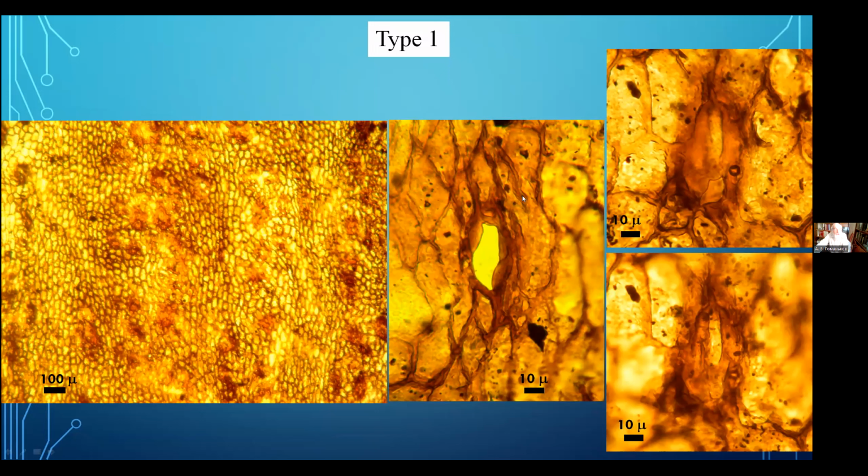So type 1 is represented here. The cellular structure is isogonal, no differentiation into costal and intercostal zones is visible, although not very distinct rows of cells can be observed in some places, like here, for example.